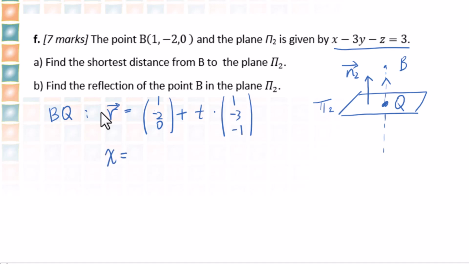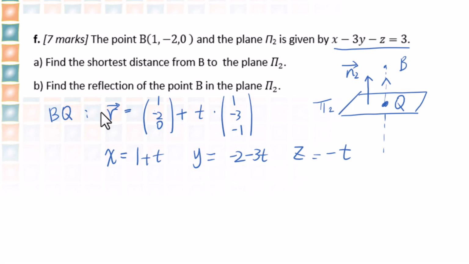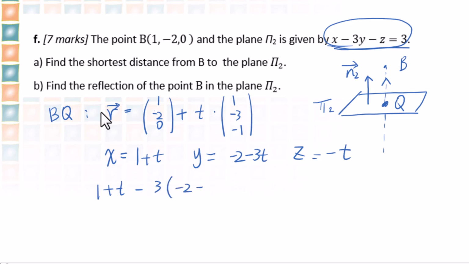We will change this equation of the line BQ into parametric form. x equals 1 plus t, y equals negative 2 minus 3t, z equals negative t. Then we substitute into the equation of pi 2. x is 1 plus t, minus 3 times negative 2 minus 3t, then minus negative t equals 3.